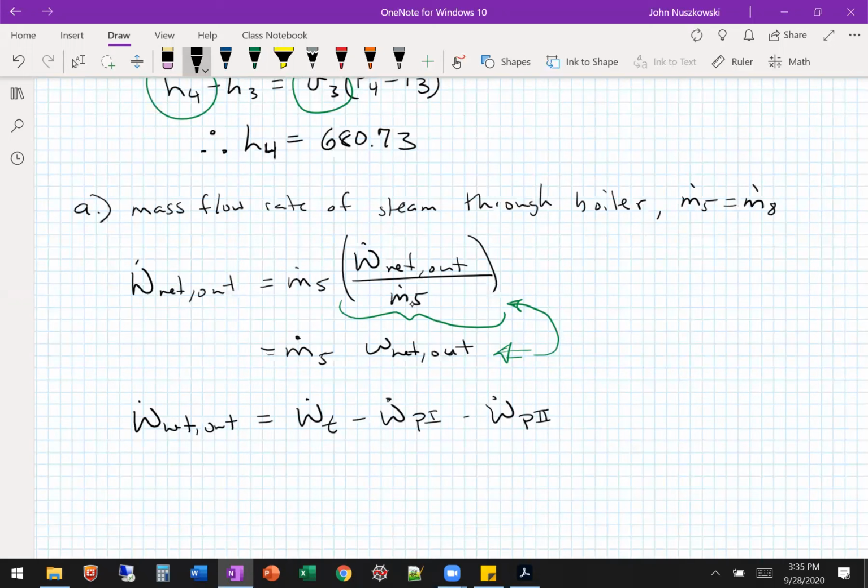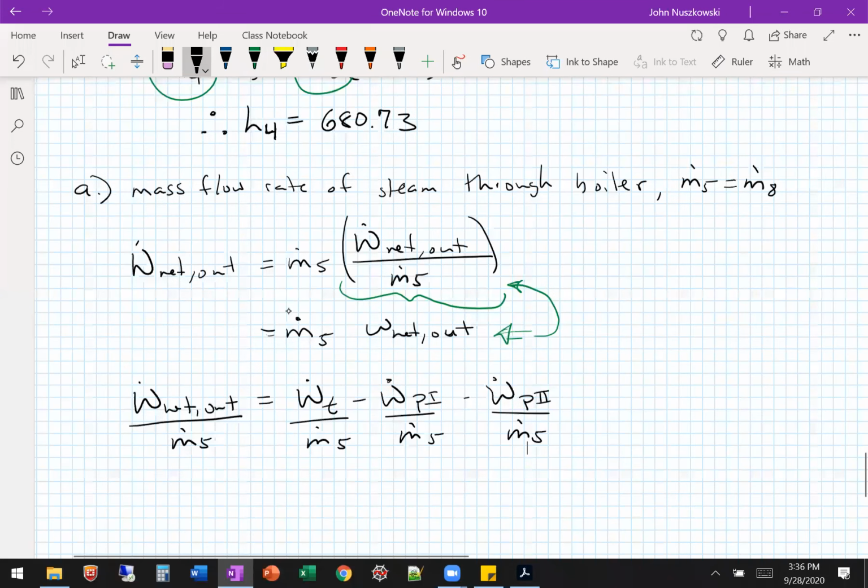But we'd have to divide that by mass flow rate 5.